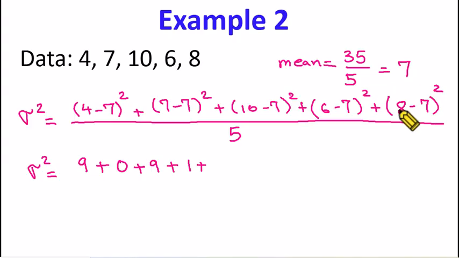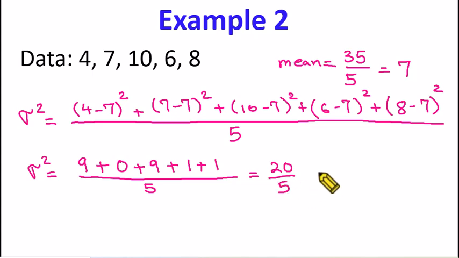And then this is 1 to the second power, which is 1, divided by 5. So we're going to have 9 plus 0 plus 9 plus 1 plus 1, which is 20, divided by 5. So the variance is 4. Sigma squared, that's the variance, is equal to 4.